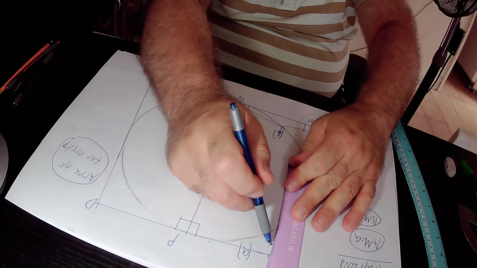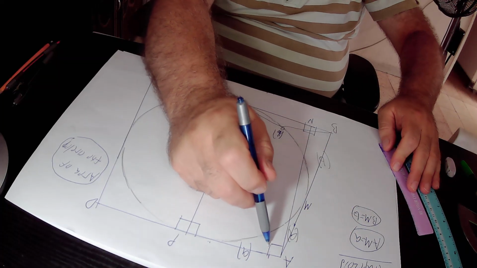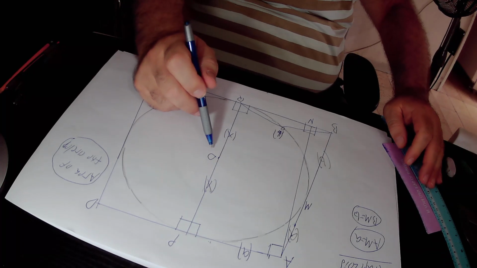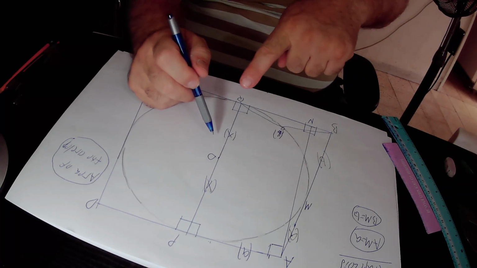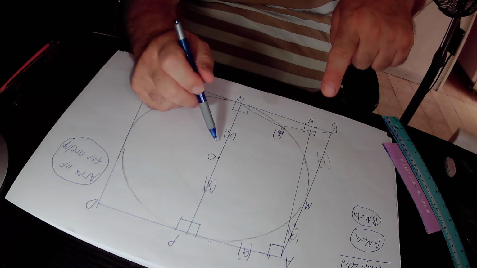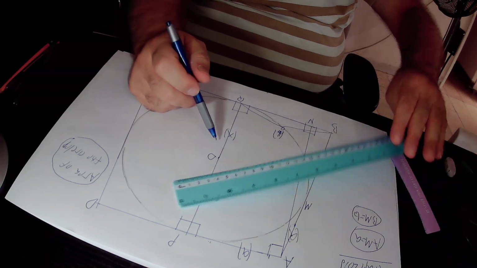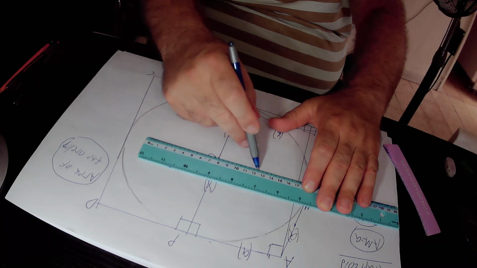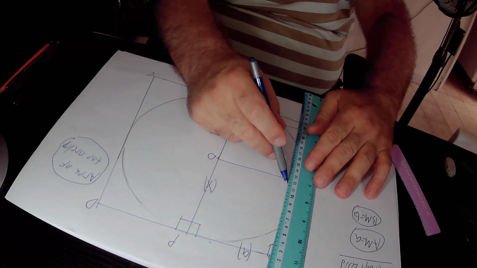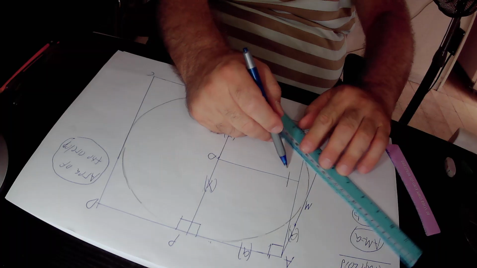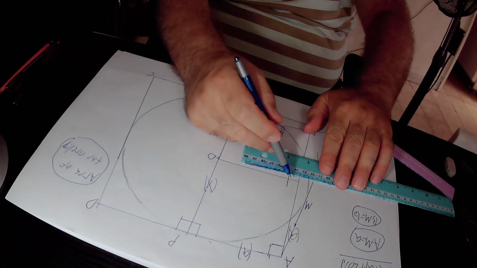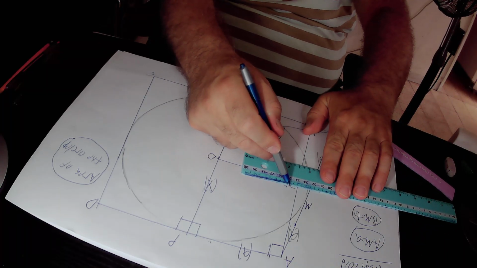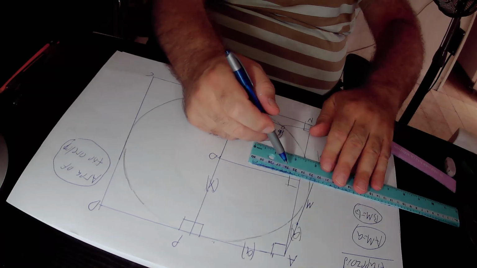In the next step, we will do another construction. That is to say, from this point O, we will go perpendicular on AN. Again, from point O, we will go perpendicular on AN. So this angle equals 90 degrees, and this angle also equals 90 degrees according to our construction.